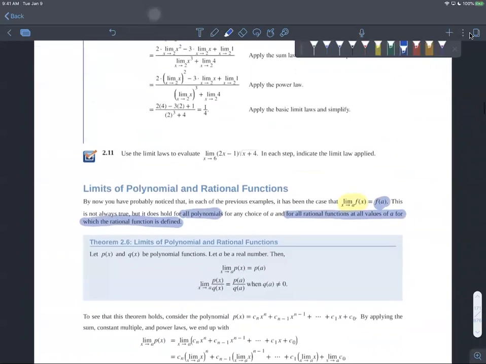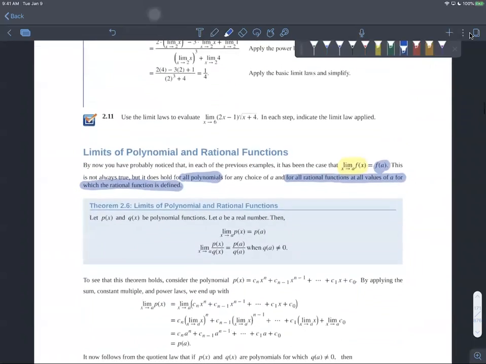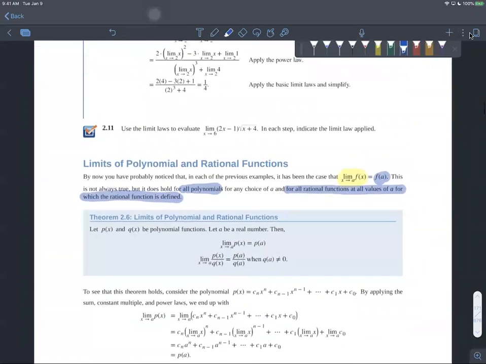And it turns out this theorem, theorem 2.6, tells us that if we let p of x be a polynomial function and q of x also be a polynomial function, and a be any real number, the limit as x approaches a of p of x is just p of a.